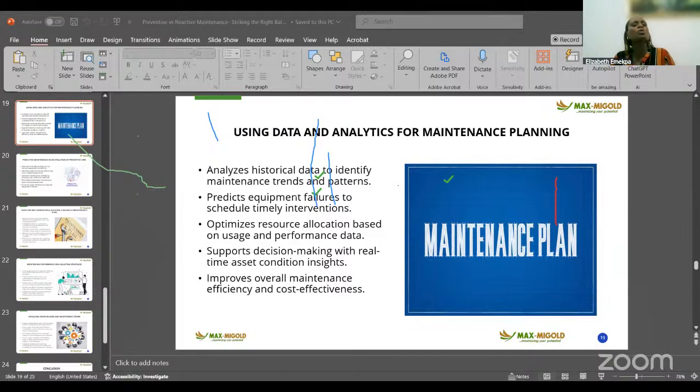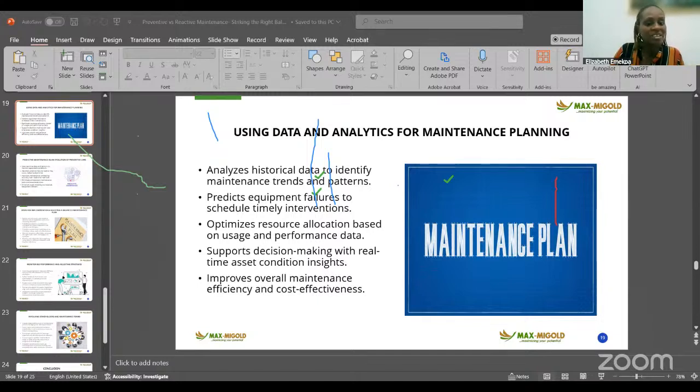Or maybe you even changed your Kickstarter recently, and in less than 3 months it's having issues, and then they come back and tell you that you have to replace it. Why? This thing was replaced on the 23rd of February. Why do I need to replace it on the 10th of April? What is going on? Okay, your data helps you to keep record of everything regarding the maintenance of your assets in your facility.